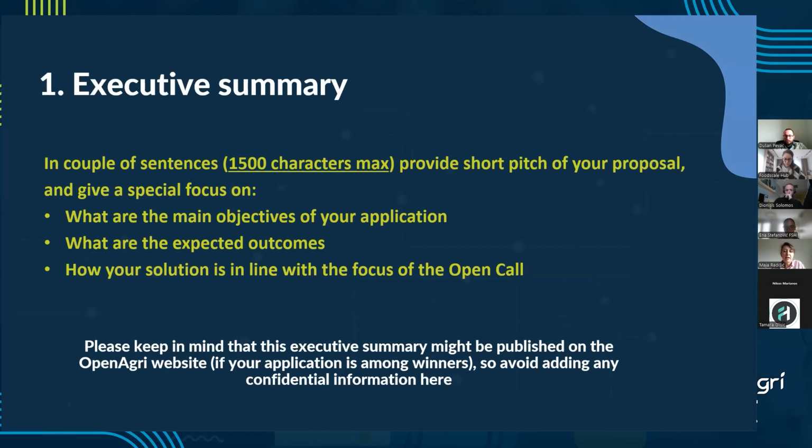As Dusan already said, please don't reveal any confidential information here because it might be published on the OpenAgri website. Give the main objective of your application, expected outcomes, and how your solution is in line with the focus of the OpenAgri Open Call.